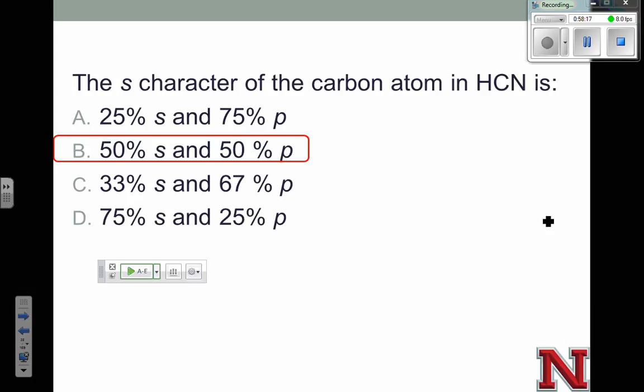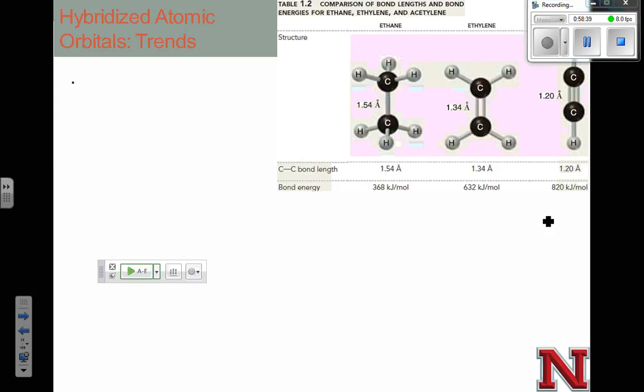So what's sp2? 33% s and 67% p. And sp3 is? 25% s. Yep. So when we say sp is more s character, this is why. sp3 is only 25% s. So that's a common terminology where we describe things based on s character.